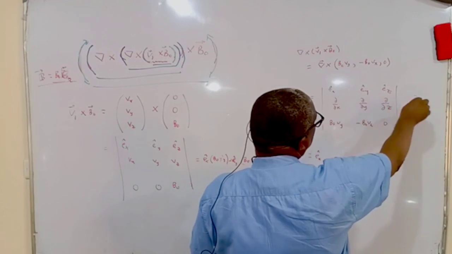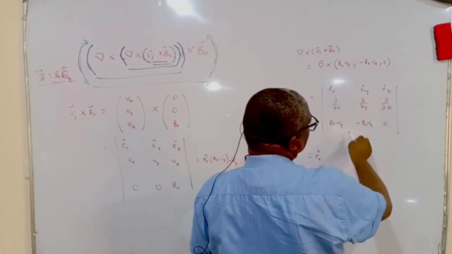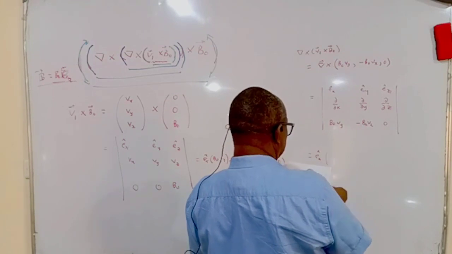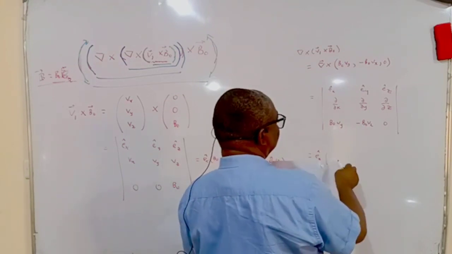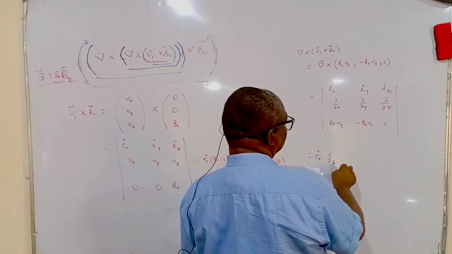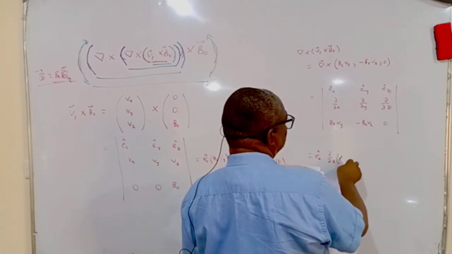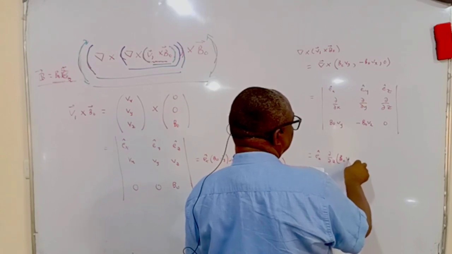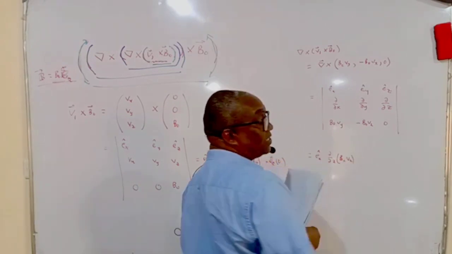You remove this. You remove this. So you're going to have plus partial by partial z of B0 V of X. Is that correct?